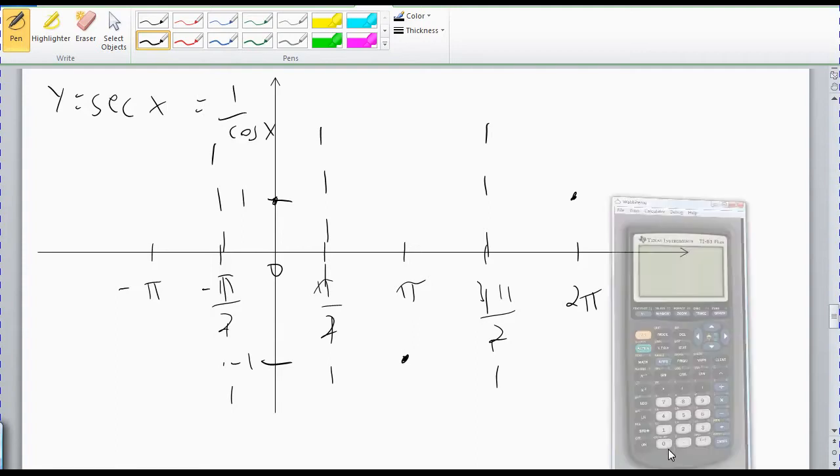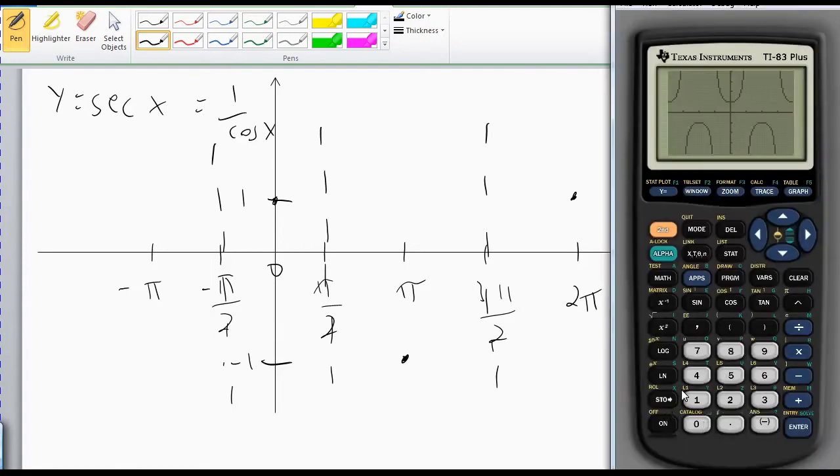I'm going to go ahead and look at my calculator, what I've already got drawn. And so what it's going to tell me is that in the middle we have a curve that's doing this. Then over here it's doing this. And then same thing over here.